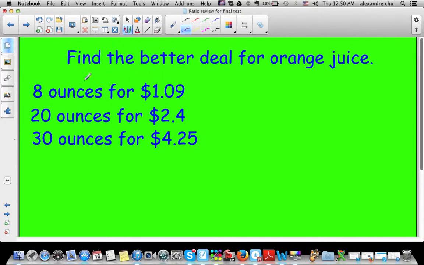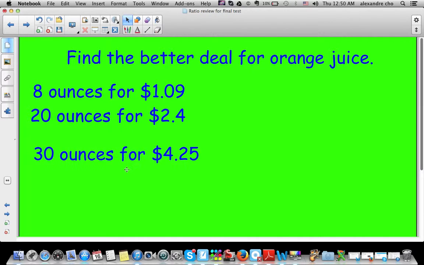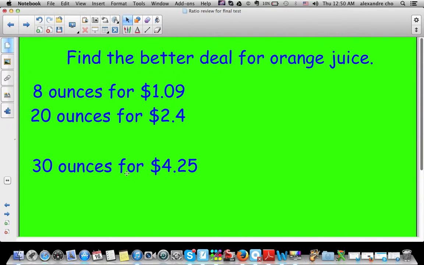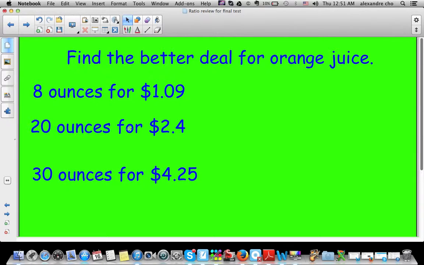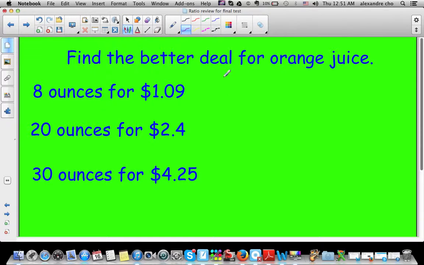Next one. Find a better deal for orange juice. By now, if you're using a calculator, this should be really, really easy. All right, so then let me just space them out a little bit. You do the same. Keep working, and press pause if you need to, and I will set it up. So, okay, 8 ounces for $1.09, and again, the first step you should take here is always write it as a fraction.